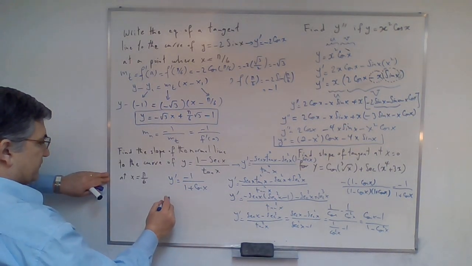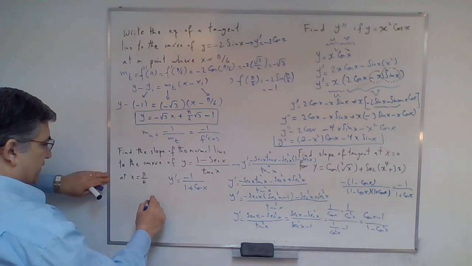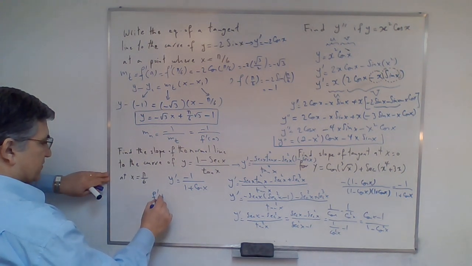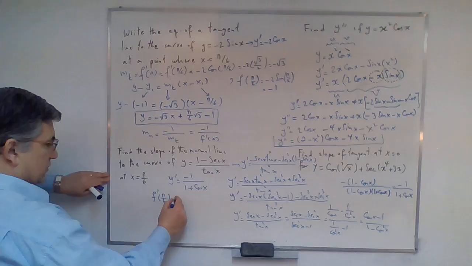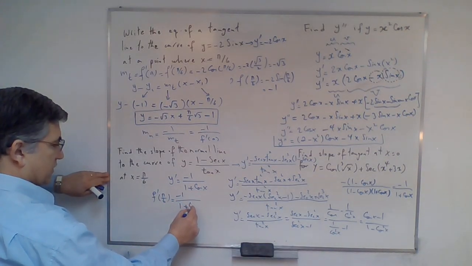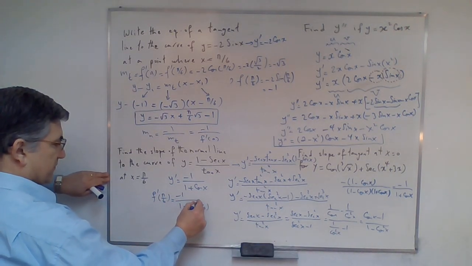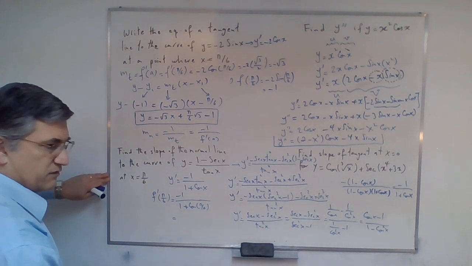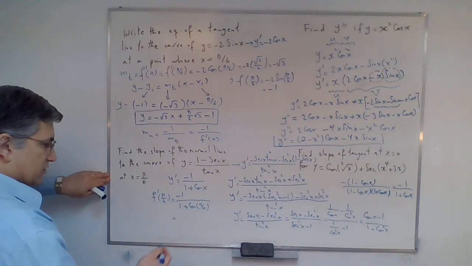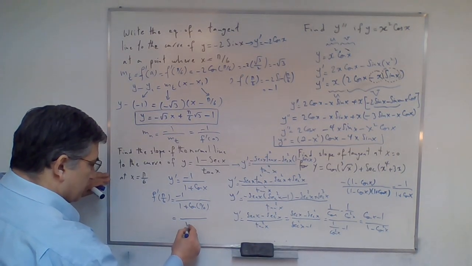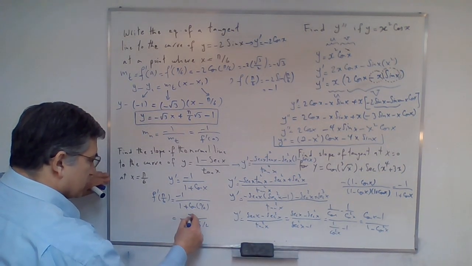Now I have to find f prime at pi over 6. So negative 1 over 1 plus cosine of pi over 6. So cosine of 30-degree angle is square root of 3 over 2. So 1 plus root 3 over 2.